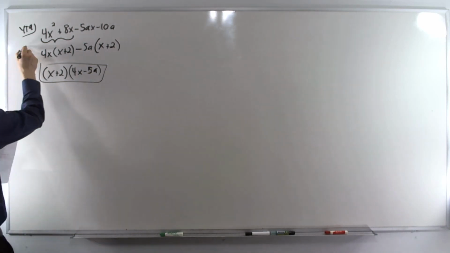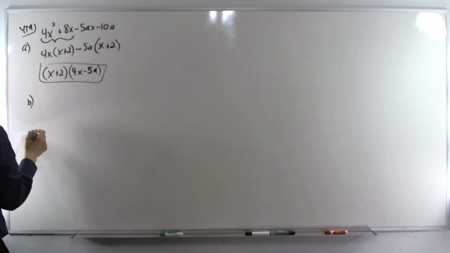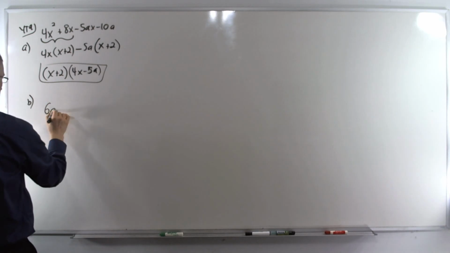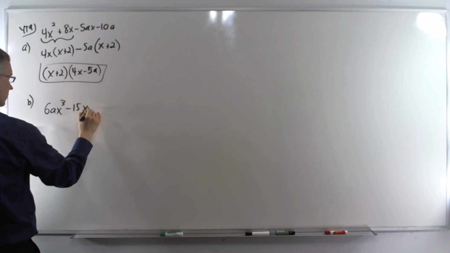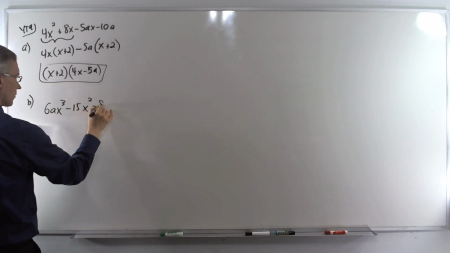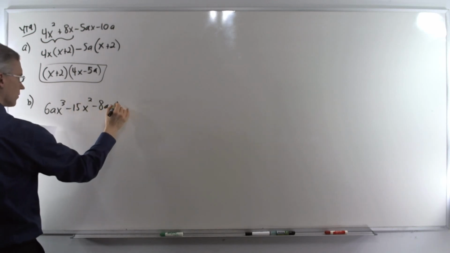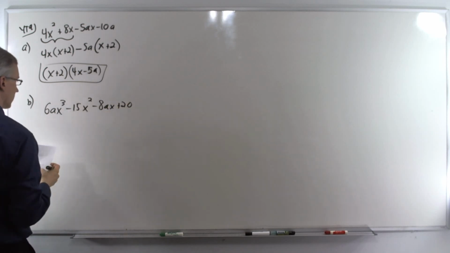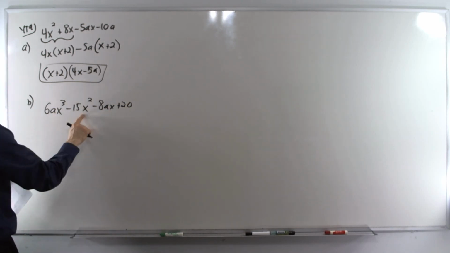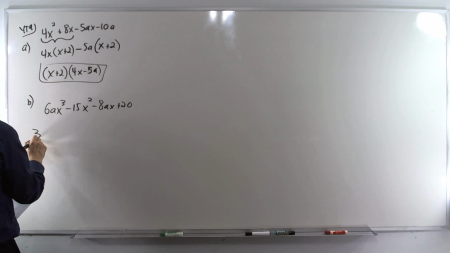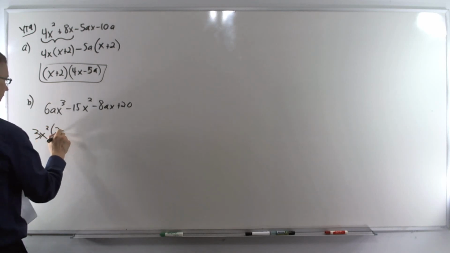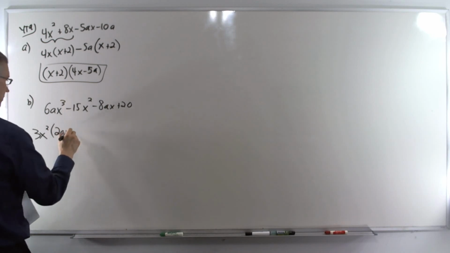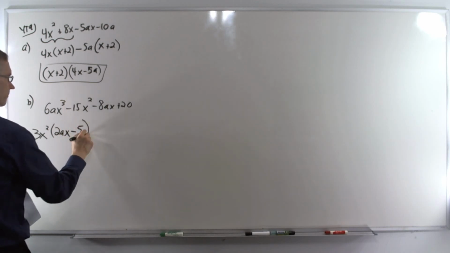Part B. So out of this one, we can factor out 3x squared. And that'll give us 2ax minus 5.